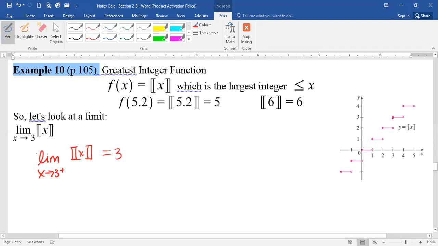But as x approaches 3 from the left, starting at 2, and we keep getting closer and closer to 3, right before we get to 3, what's my y value? 2. So it's approaching 2 from the left, it's approaching 3 from the right, and that means that this does not exist because your left and right are not equal.